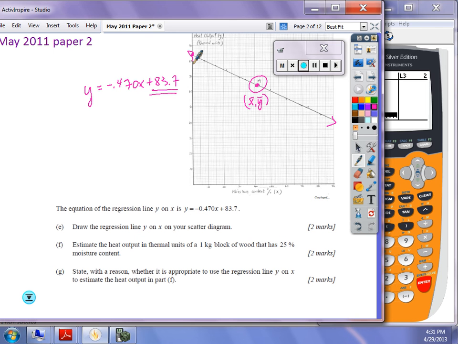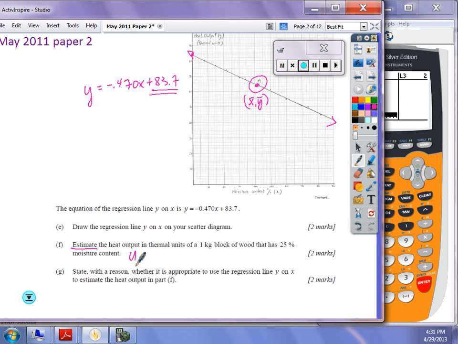Now, the next part: estimate the heat output in thermal units for a block of wood that has 25% moisture content. Remember on paper 2, the only thing that you can get full marks for with no work is if it says write down.